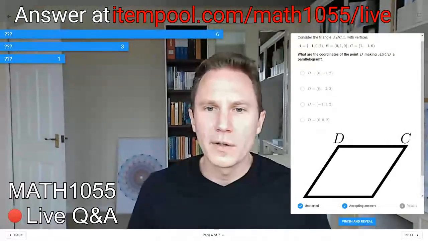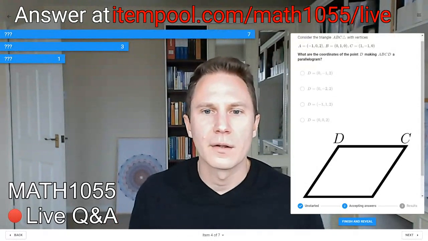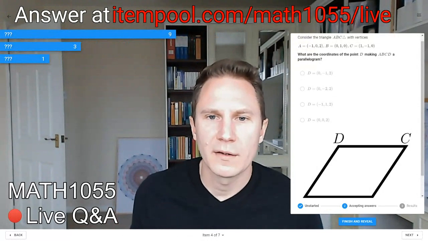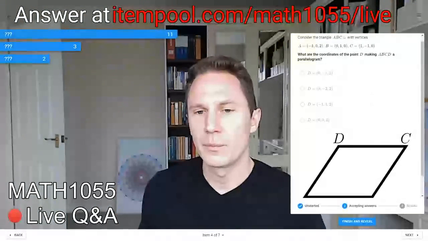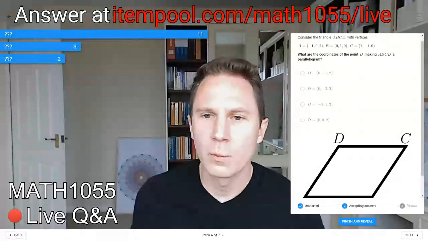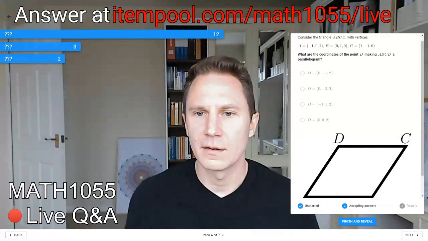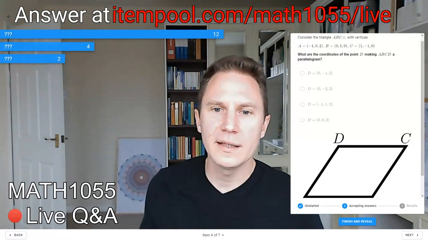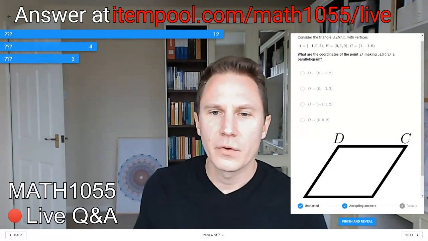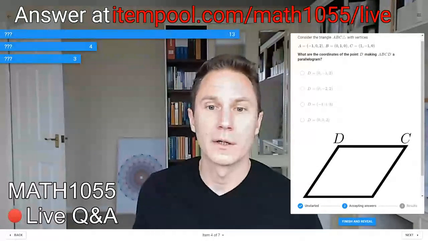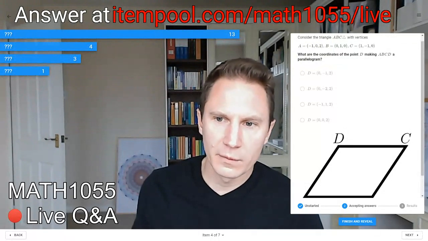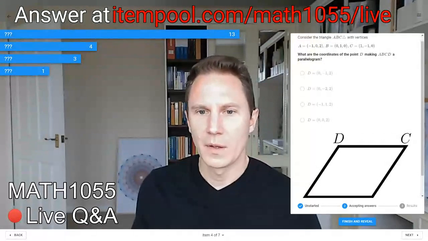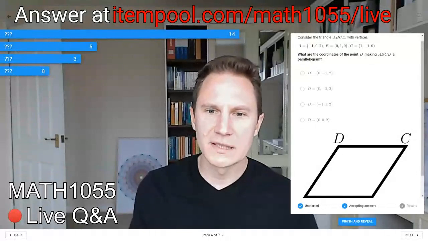Let me say that point A has coordinates -1, 0, 2. Point B has coordinates 0, 1, 0, and point C has coordinates -1, -1, 0. The options for point D are the following: 0, -1, 2, or 0, -2, 2, or -1, 1, 2, and the final possibility is 0, 0, 2.